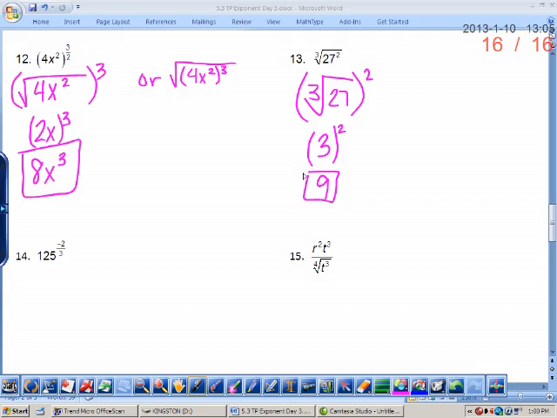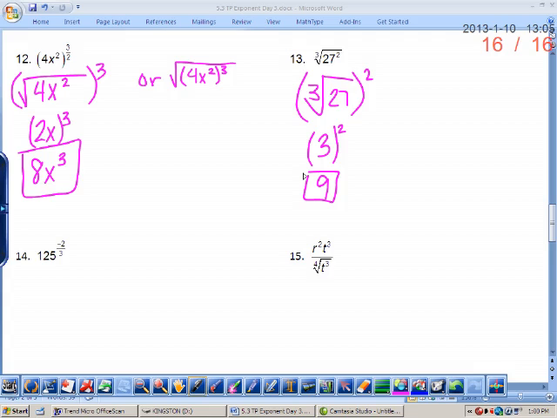And then I tried to find the cube root of 125. All right, looks like you guys did a great job.